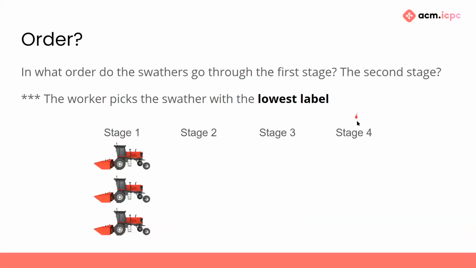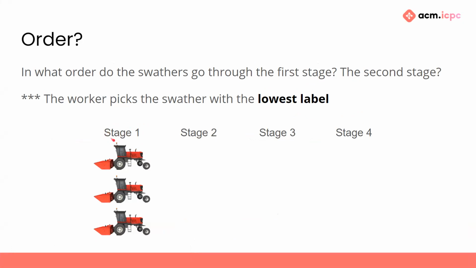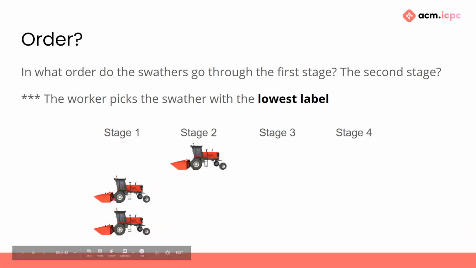Yeah, so I have an illustration here. Let's take a look. We have 3 swathers in stage 1, and the worker works on the first swather first, and then it pops the first swather to stage 2. And then the worker in stage 1 can move on to the second swather, while the first swather is being processed in stage 2.